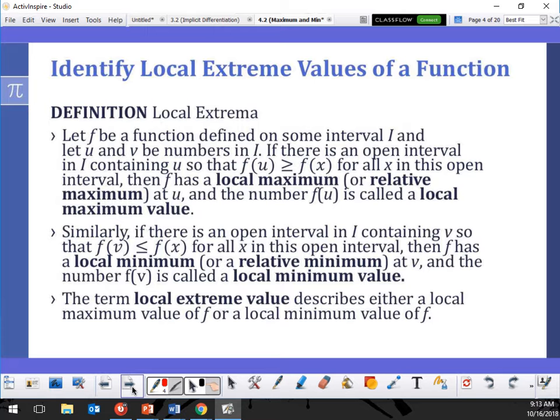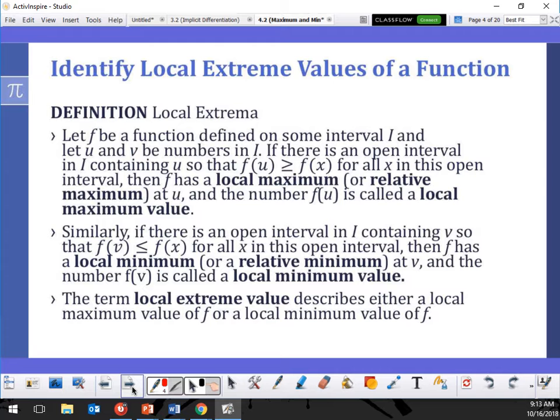We were referring to brackets a second ago, now we're referring to parentheses. So am I including the endpoints? No, I'm not including the endpoints. So f has a local maximum, or relative maximum, at u, and the number f of u is called a local maximum. Similarly, if there's an open interval in I containing v, so that f of v is less than or equal to f of x for all of its x, it is a local minimum.